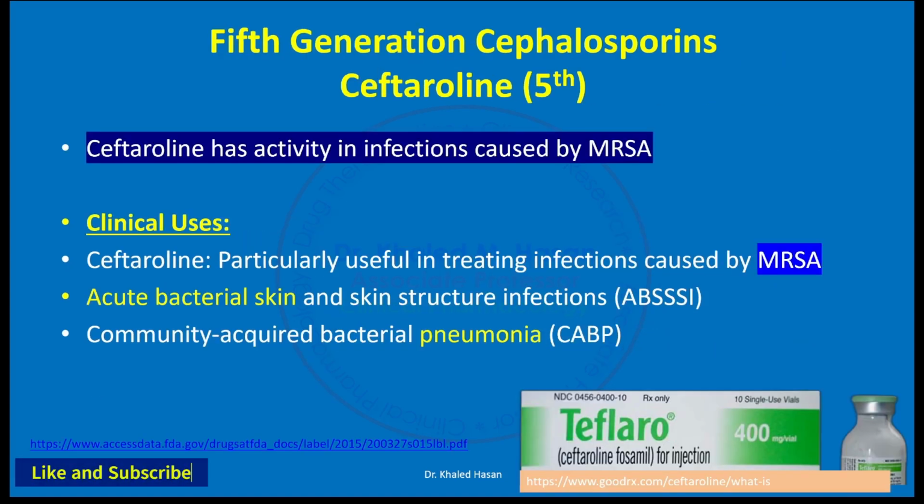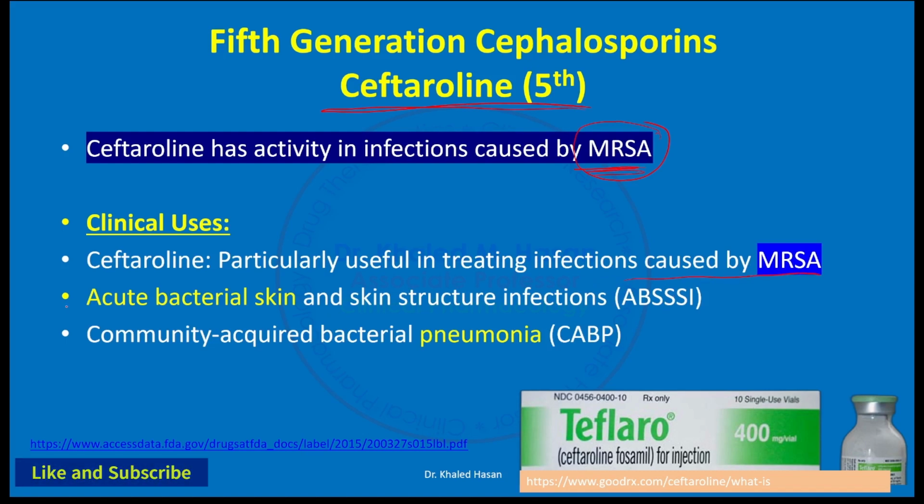Fifth generation, I'm going to only focus on one medication. We have ceftaroline. Ceftaroline has activity against bacteria such as MRSA, methicillin-resistant Staphylococcus aureus. Ceftaroline is used mainly for infections caused by MRSA.